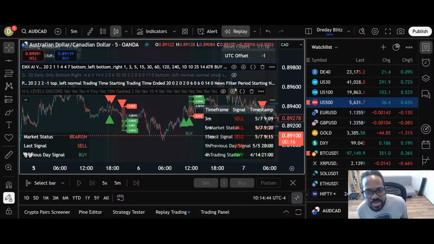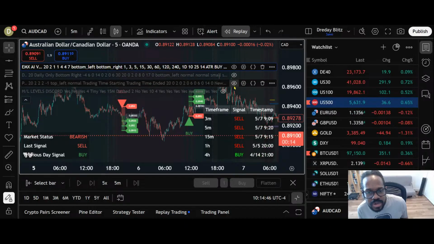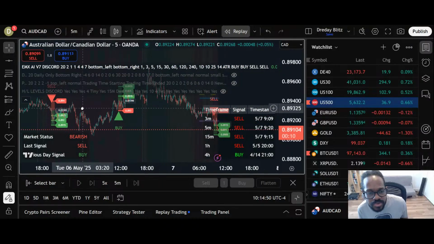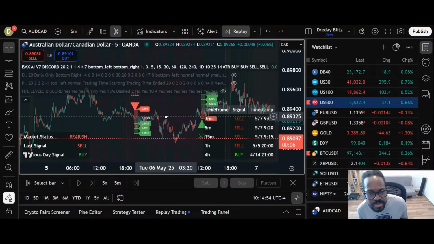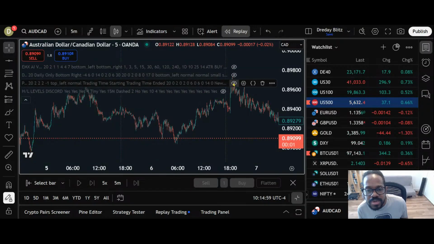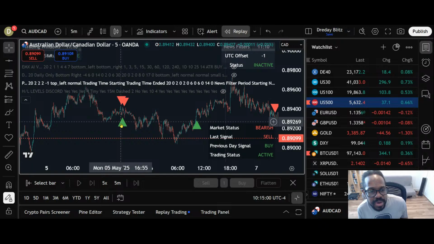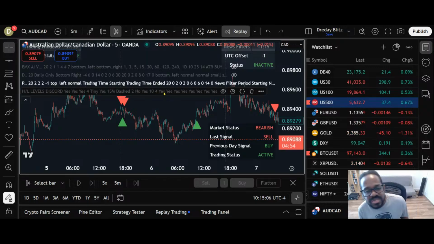But I would tell you to really focus on EMXAI, because you already have the filtration for the POC. So you have extra confluence here. For example, if you see here, you had one buy and two sells.